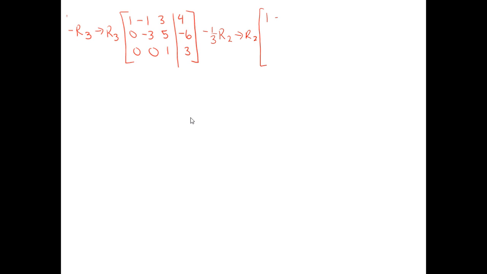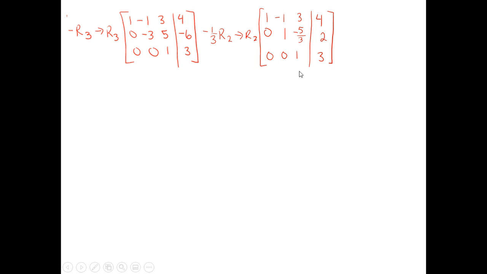My first row is going to stay the same. If I divide by -3 on the second row, we end up with 0, 1, -5/3, 2, and our last row stays the same. And that's okay. We know that fractions exist. We should know by this point, especially 11th, 12th graders, how to work with fractions.